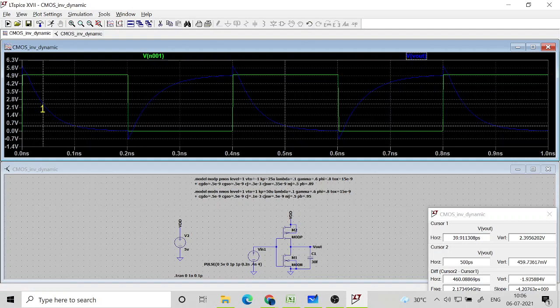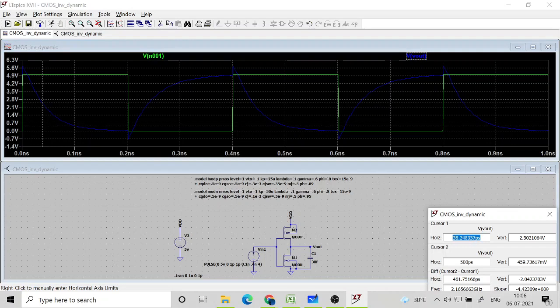Again 2.5. So this is 38. It's a significant improvement. From 58 we have come down to 38 by doubling the size, that is, reducing the charging resistance by half. We did not get exactly half, but we got improvement from 58 to 38.